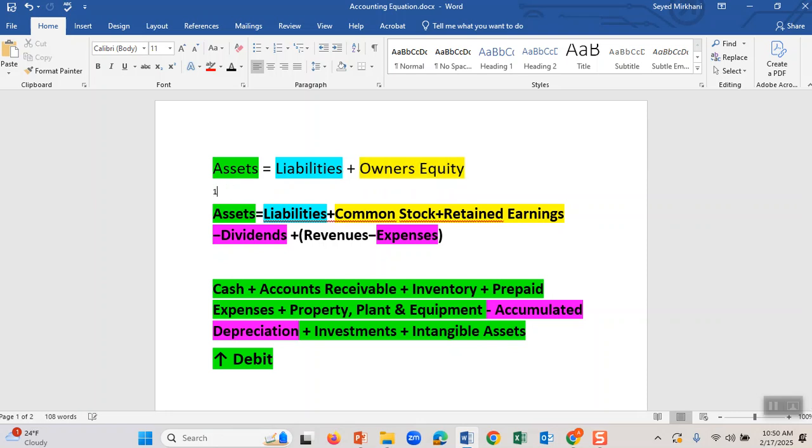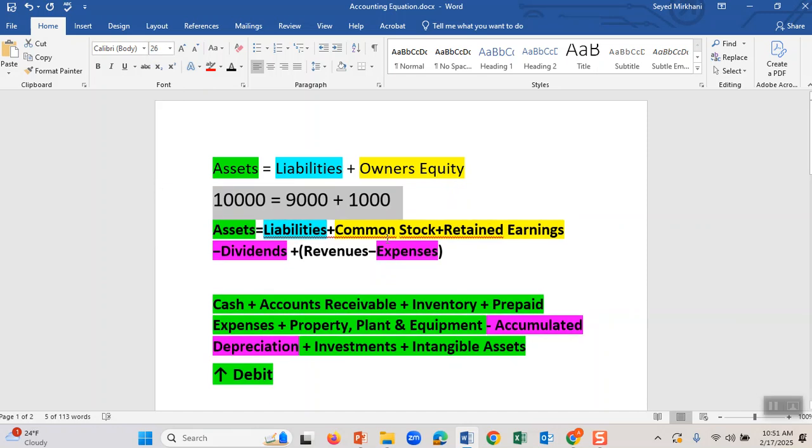Therefore, when you look here, you have $10,000, that is equal to $9,000 of the bank plus $1,000 that is her own money. As you see, this equation is balanced. Let me make it larger so you can see.